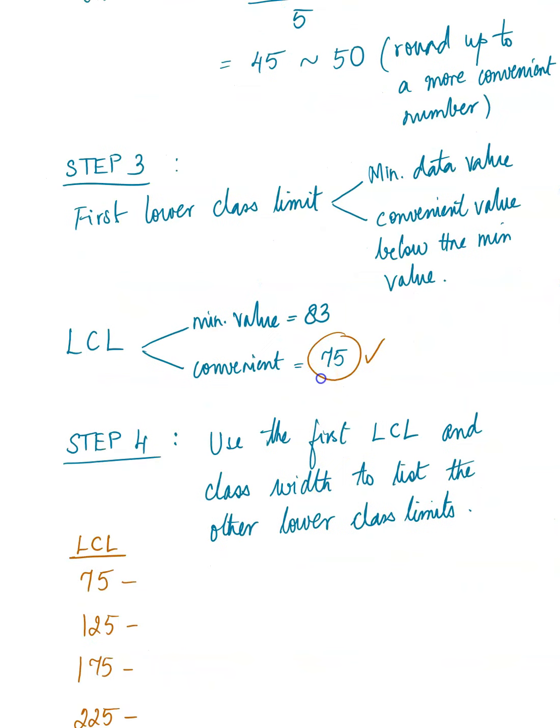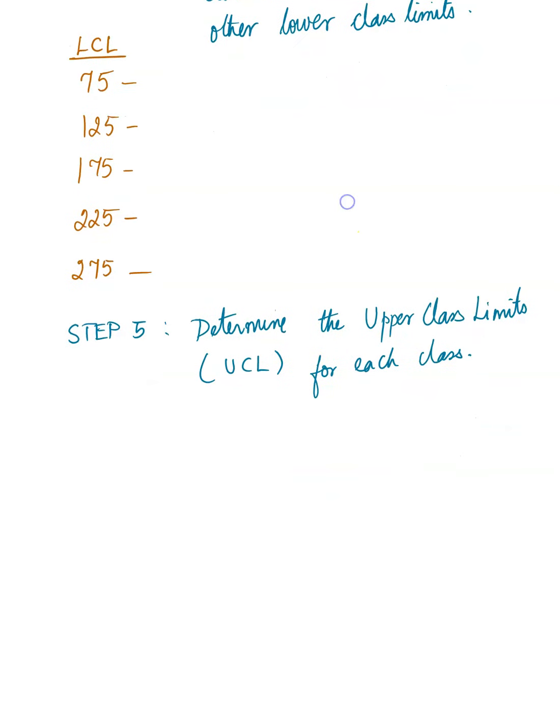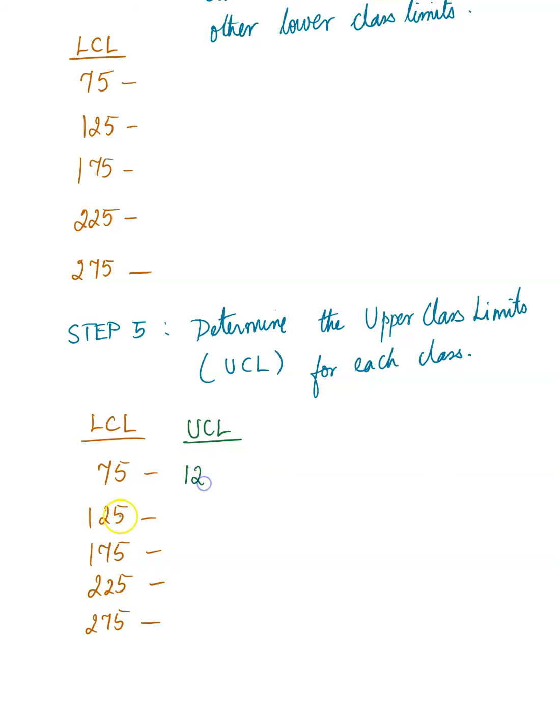What I mean is, I'm going to take this LCL here, just repeat it here. And for the upper class limit, I'm going one less than the lower class limit in the next class. So this is 124. There is a gap between 124 and 125, right?